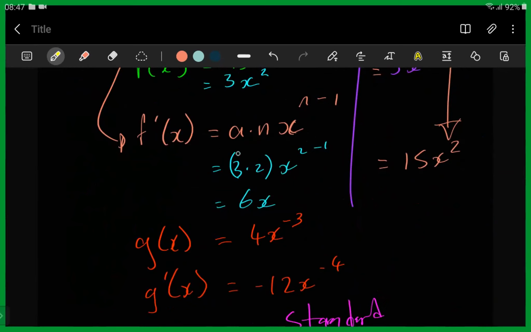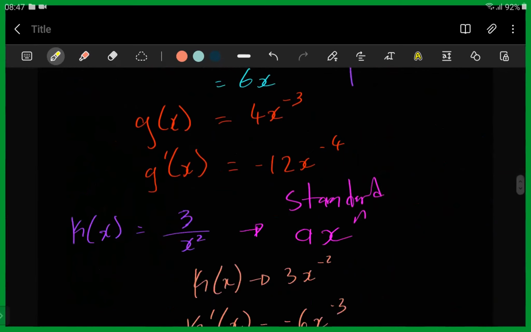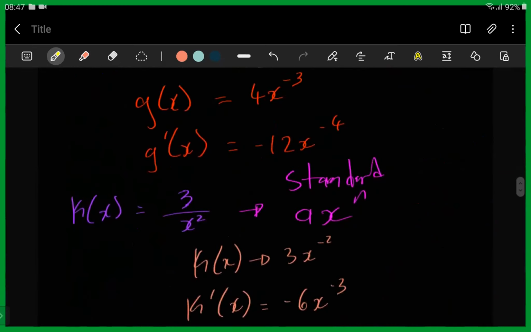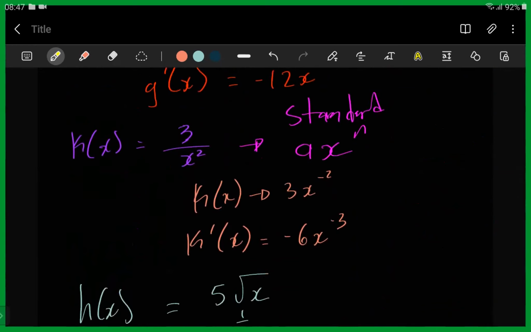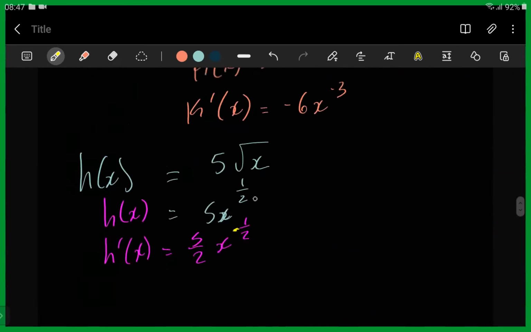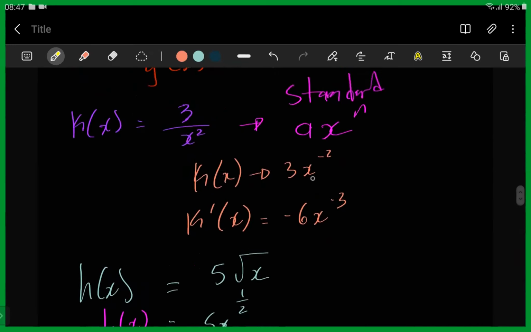Only thing is, you just need to be careful that you make sure that what you're differentiating is in this standard form. You see? Here it was not in standard form, but you made it in standard form first. Same with this question.